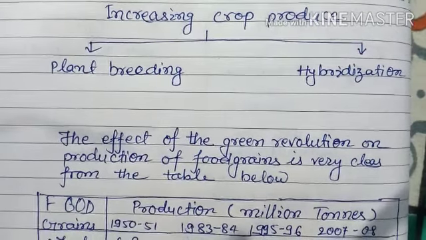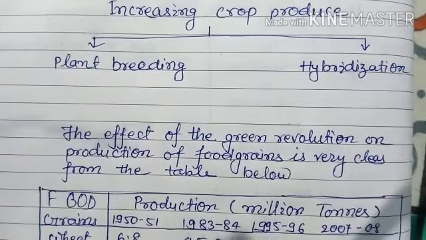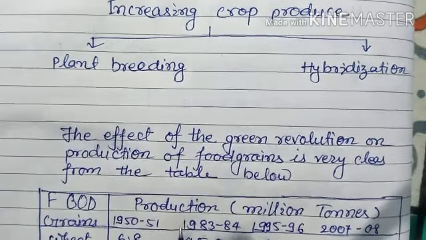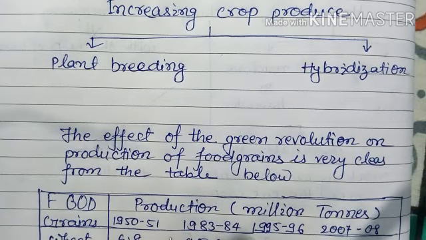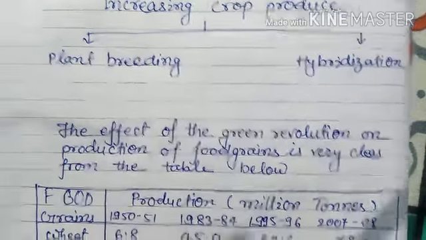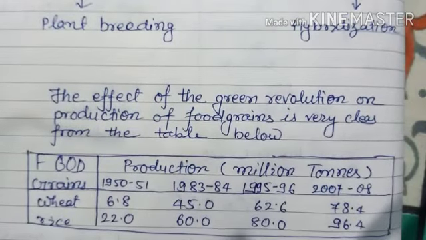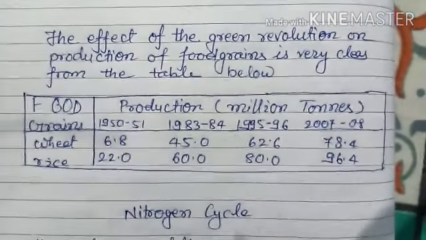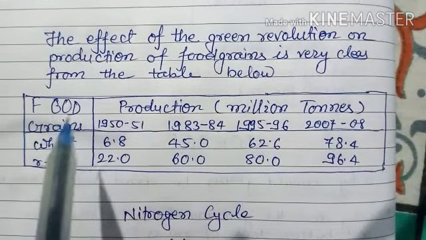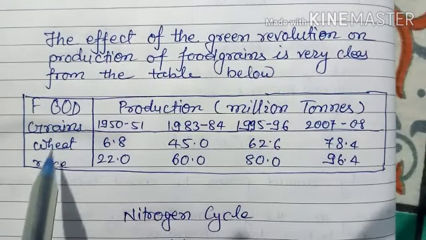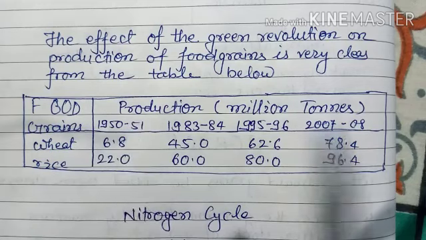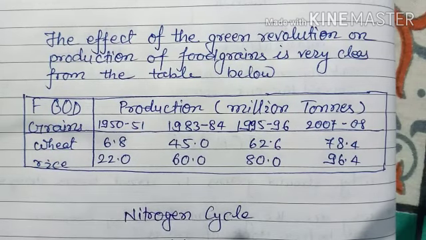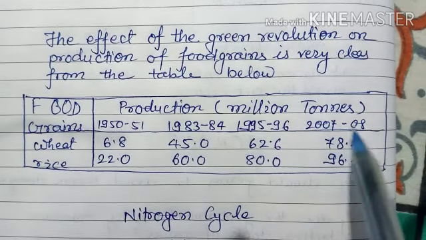from Mexico. And the effect of the green revolution on production of food grains can be clearly seen in the table below. In this table you can see very clearly how the production of food grains like wheat and rice has increased in million tons.